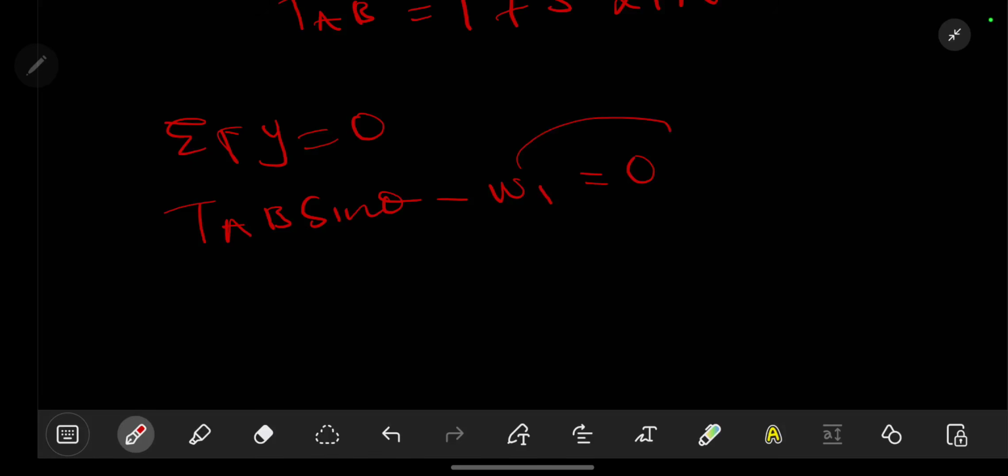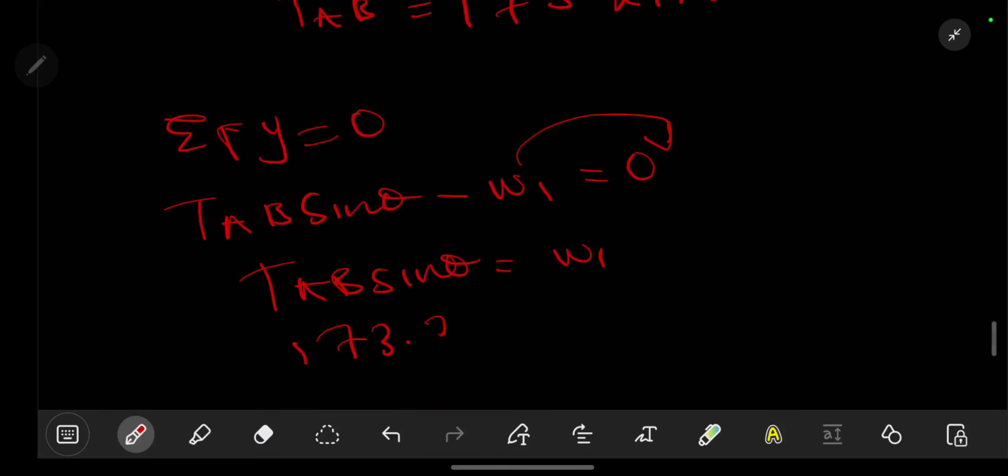So we have weight number 1 should be equal to 0. So we are going to take the weight the other side. So our TAB sine of our theta should be equal to weight number 1. Let's replace. Our TAB is equal to 173.21, sine of our angle, 30 degrees, should be equal to W1.